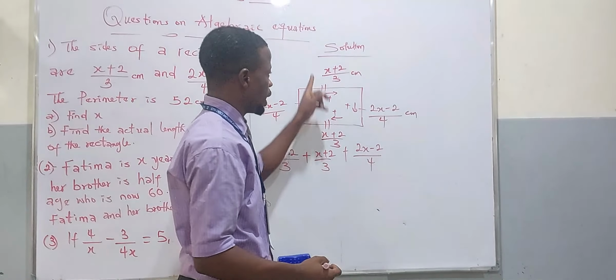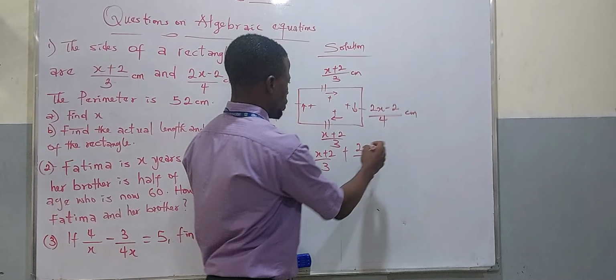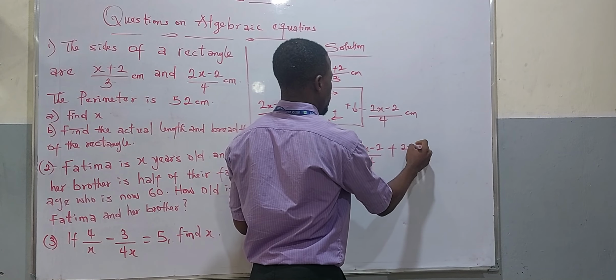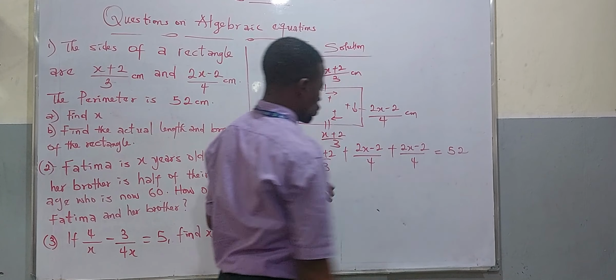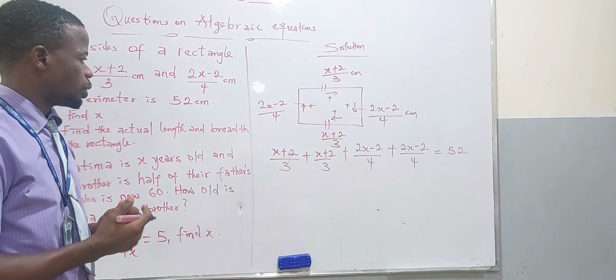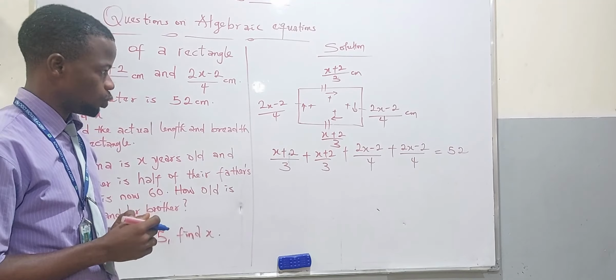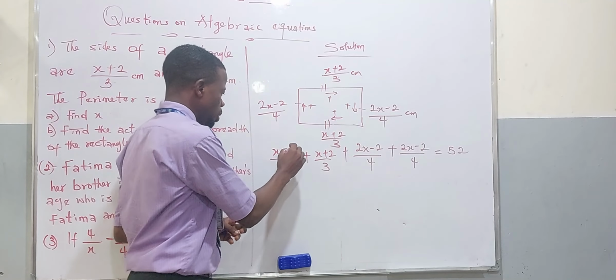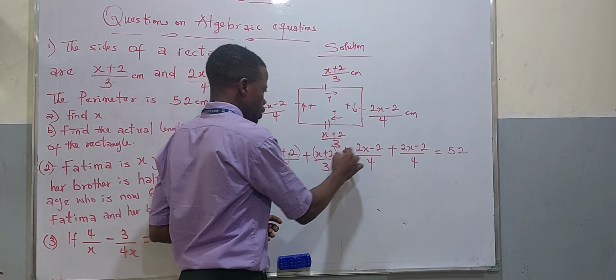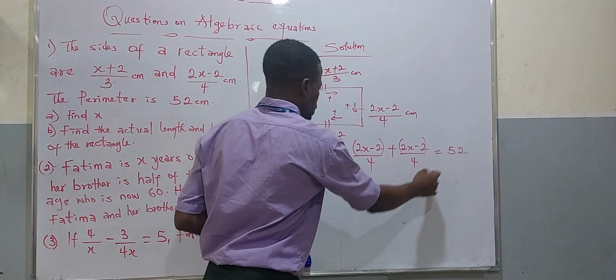Added this and this together, they are the same side. Then this one, the same thing, we have (2x - 2)/4. Everything is equal to 52, right? Now, what's the next thing we will do? The next thing we can do is this. When you have two terms, put them in brackets.